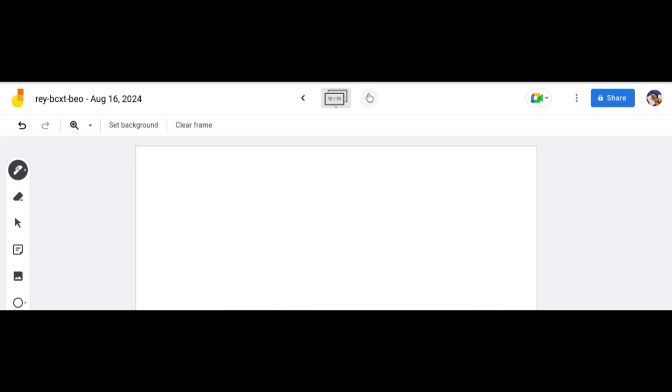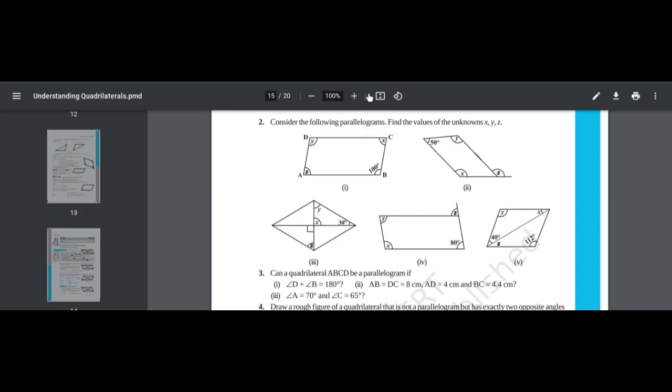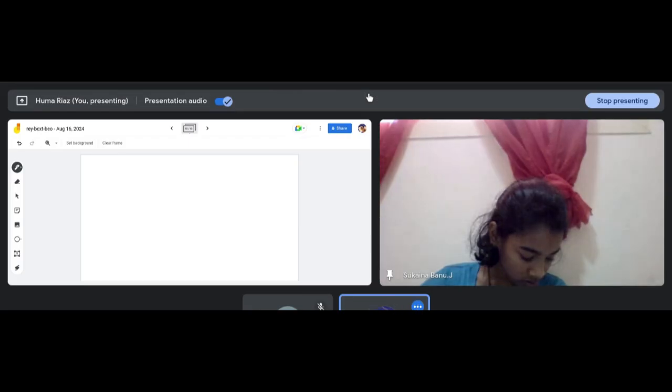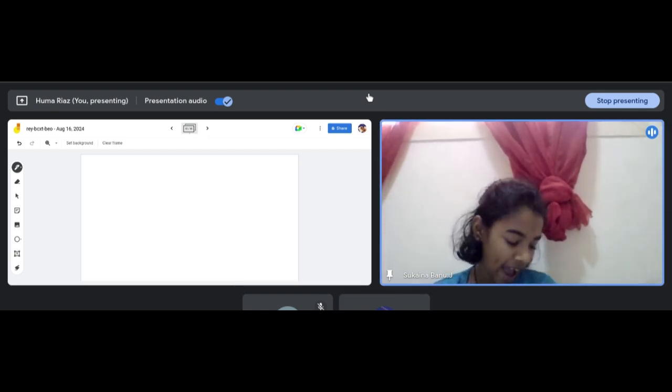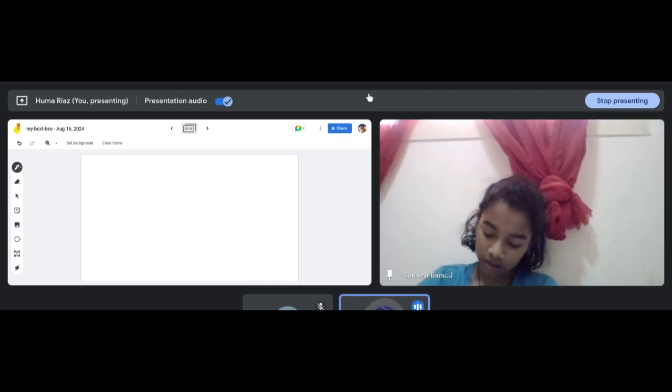Can you tell me? They ask that if the angle is 70 and the angle is 65, can this quadrilateral be a parallelogram? No. What is the reason? Because the opposite angles A and C are of different measures. Yes, in a parallelogram we need the same measurement.